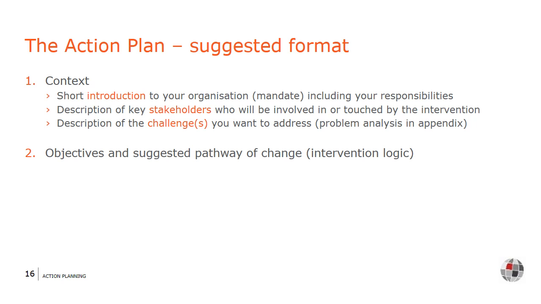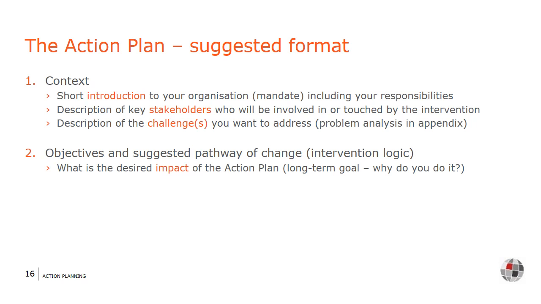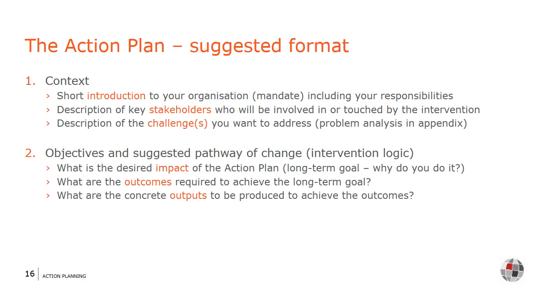Secondly, a description of the desired future situation in the form of a pathway of change or intervention logic, showing how concrete outcomes from the planned activities will lead to specific short and medium-term outcomes, and how these in turn will contribute to the overall objective or impact that we are aiming at.